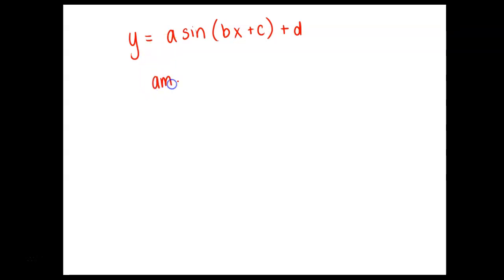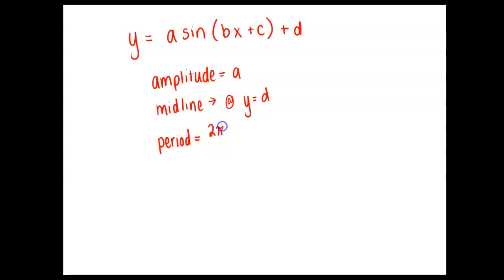So our amplitude always equals A. Our midline is always at y equals D. Our period of the graph is always 2 pi over B. And our phase shift is always at C divided by B. So these are rules that you can just follow to find all of these.